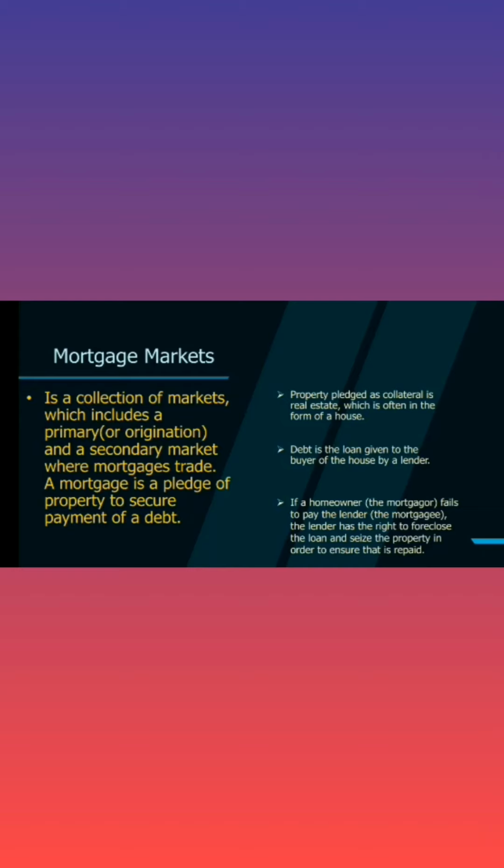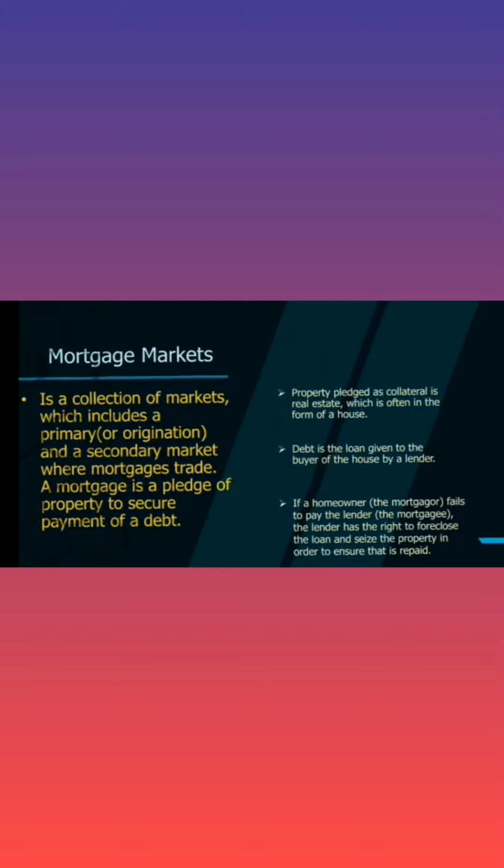That is the loan given to the buyer of the house by a lender. If a homeowner or the mortgagor fails to pay the lender or the mortgagee, the lender has the right to foreclose the loan and seize the property in order to recover the debt.